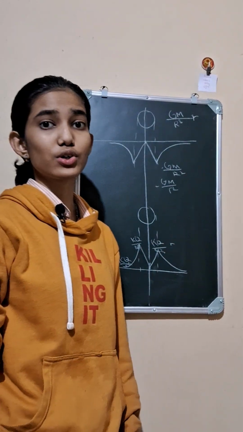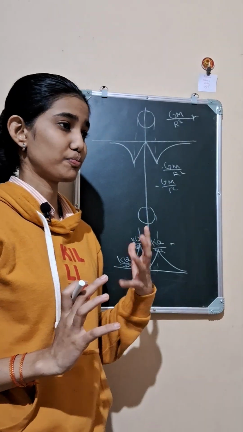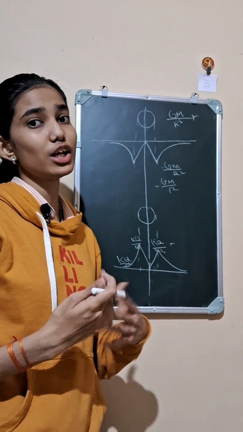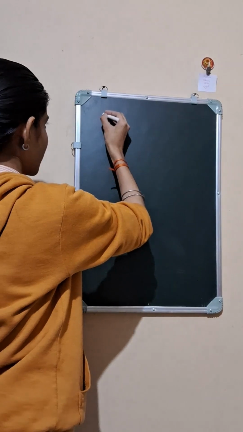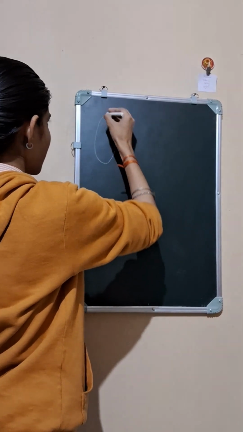So now we are going to derive the equation for potential and field due to a solid disk. Now consider a circular disk AB.